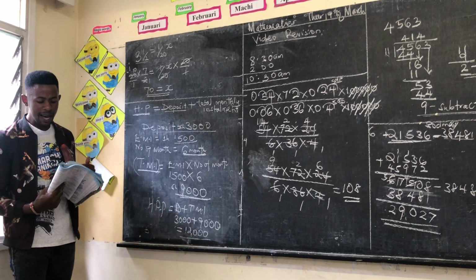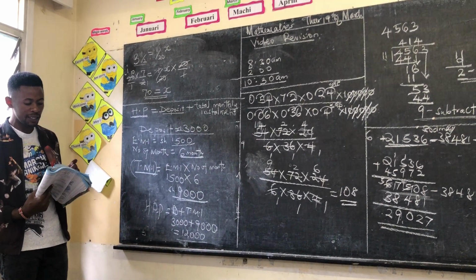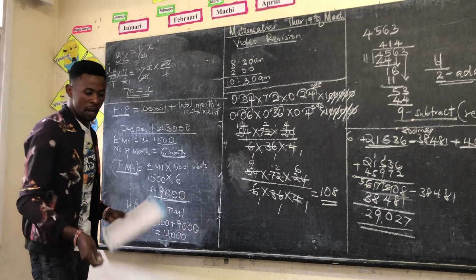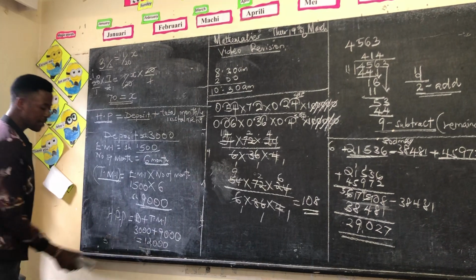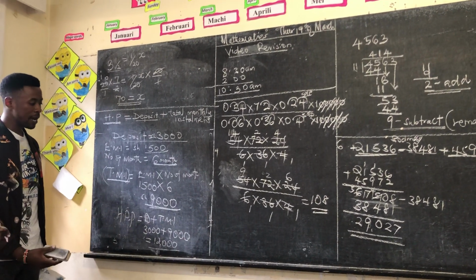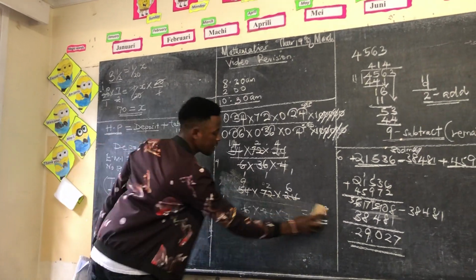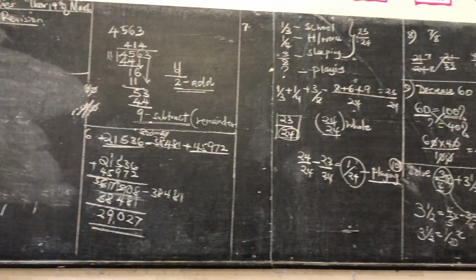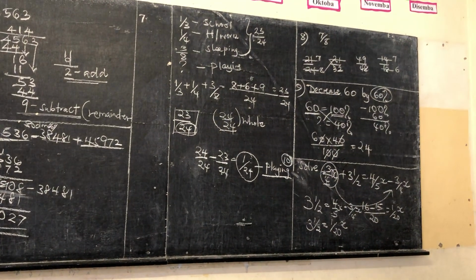But now, if the hire purchase price was 20% more than the cash price, how much was the cash price? We are told that the hire purchase price was 20% more than the cash price. So they've asked us to find the cash price. Now, the cash price is always at 100%.